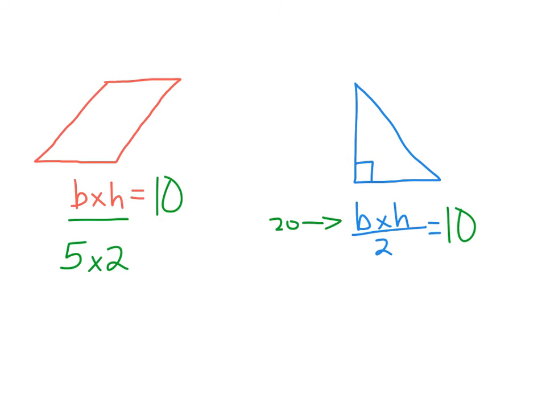So that could be 10 and 2, that could be 4 and 5, right? So maybe I make my base 4, maybe I make my height 5, and that gives me 20, and then 20 divided by 2 is 10. So those are two different shapes with the same area based on their formulas and plugging numbers in that make it true to equal the same answer.